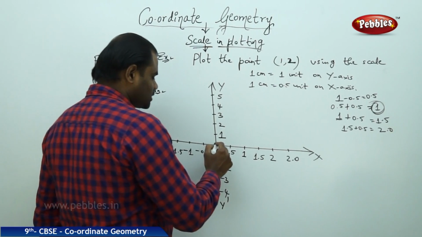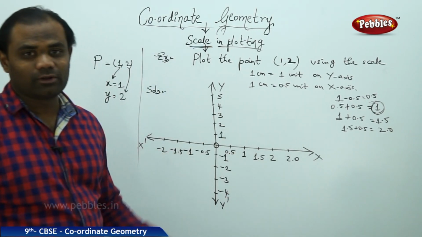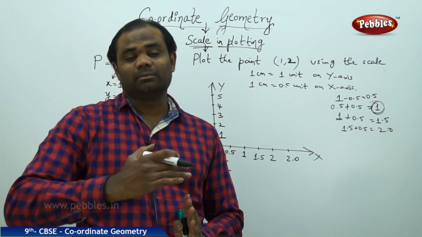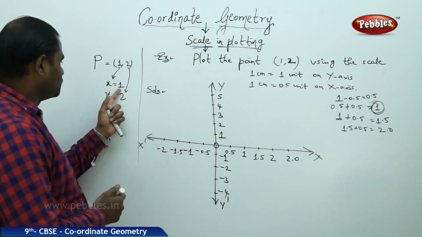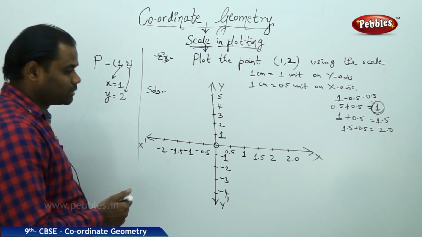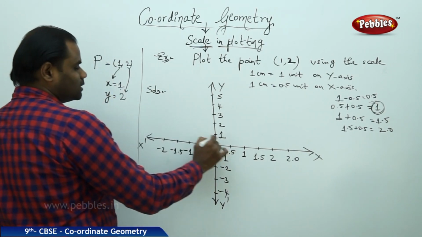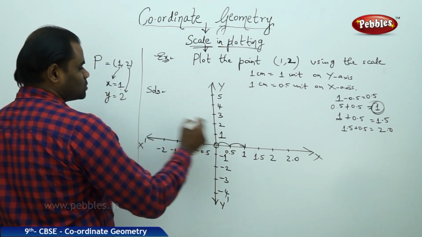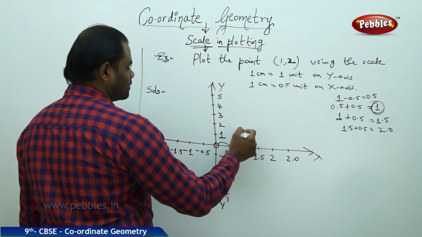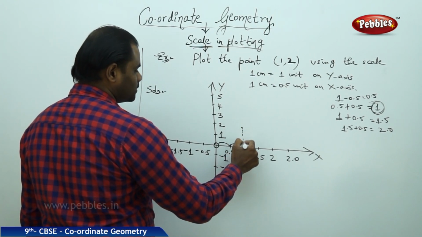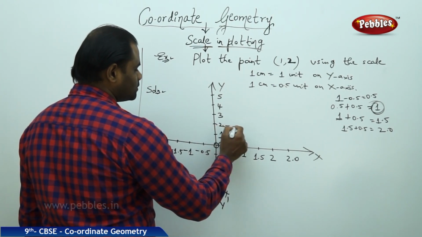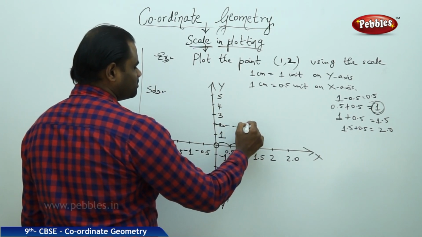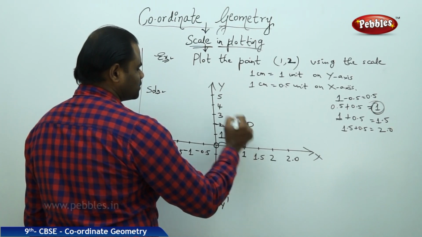As I see, the x coordinates move horizontally along the right and left, and the y coordinates move vertically up and down. So clearly the x coordinate moves 1 unit to the right. This being positive, it moves 1 unit right, and then it moves 2 units up. So I get the point to be here, which is 1 unit and 2 units to this, and therefore I get the point P, which is exactly out here.